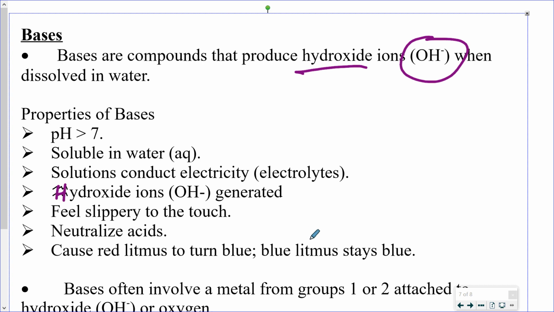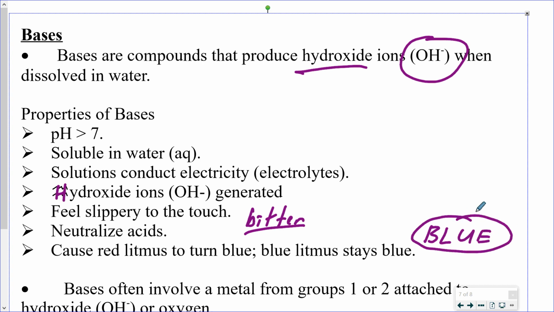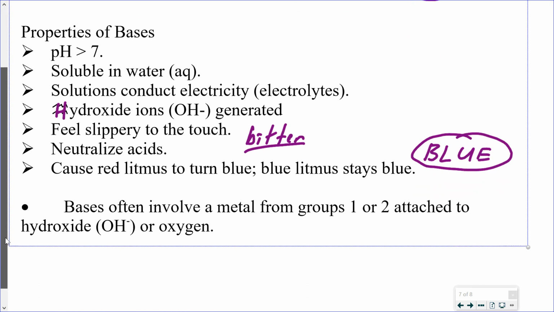I don't have taste here, but taste is quite often bitter as opposed to sour if you do taste them. For the litmus paper, blue is the key. So whether it is red litmus or blue litmus, if it's a base, it will be blue. Blue litmus stays blue. Red litmus is going to turn blue.